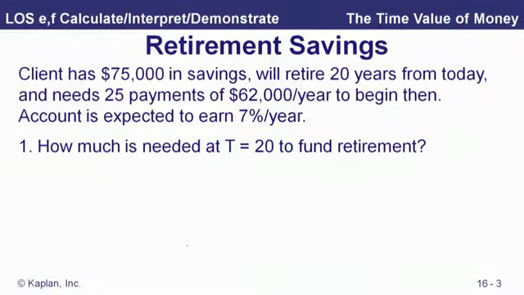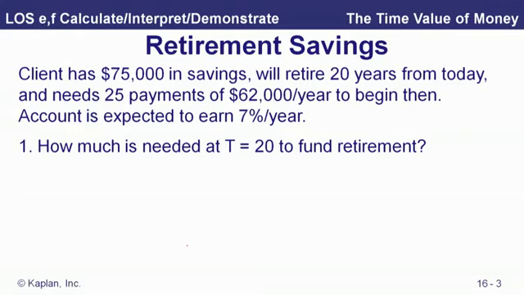So this problem, and it's a straightforward retirement problem, our client has $750,000 in savings and will retire 20 years from today. At that time, he needs 25 payments of $62,000 a year to begin. Now, luckily, this client knows exactly when he's going to die, which makes retirement planning much simpler.